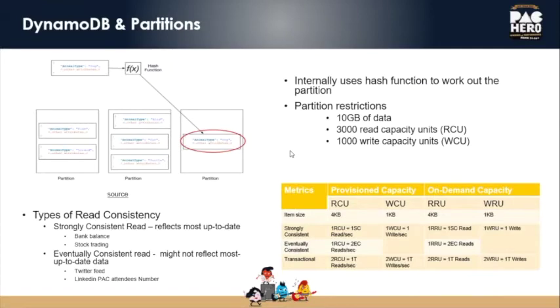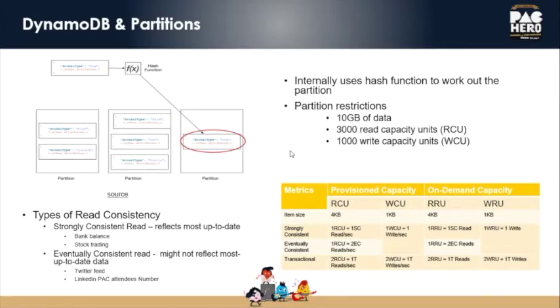So it will write the record into that partition or read from that partition. Another thing you need to be wary of is that there are some restrictions for these partitions. You can have a maximum of 10 gigabytes of data in one partition. If you cross above 10 GB, internally DynamoDB will create a new partition.